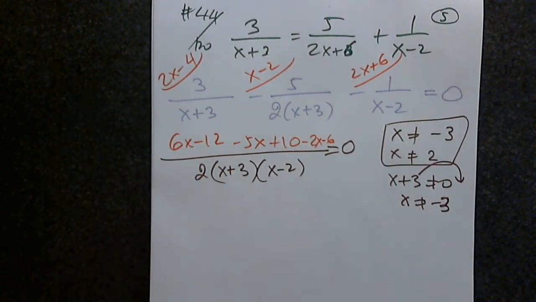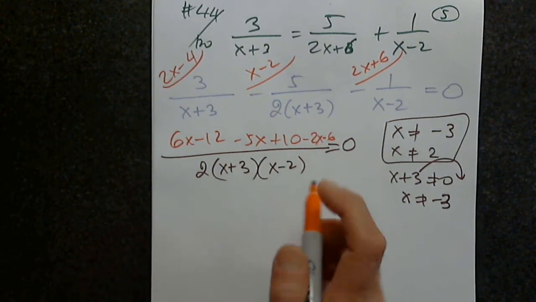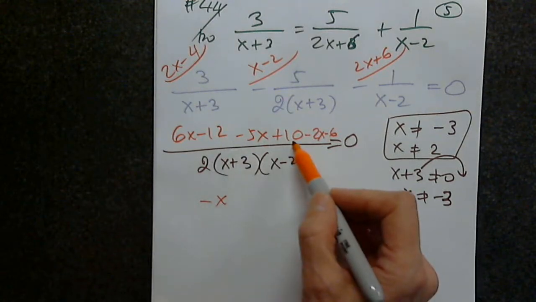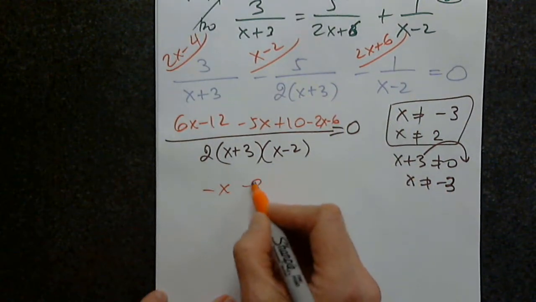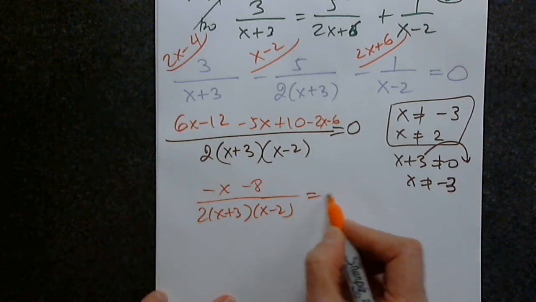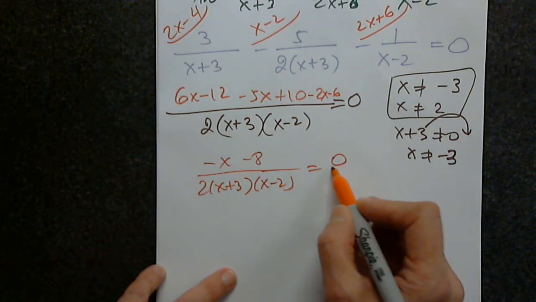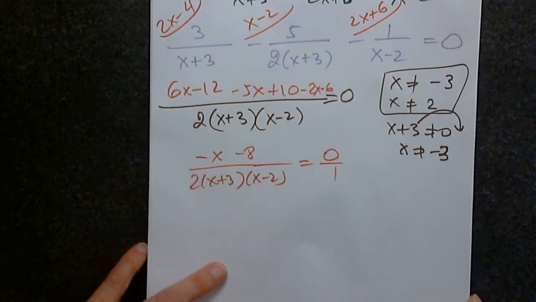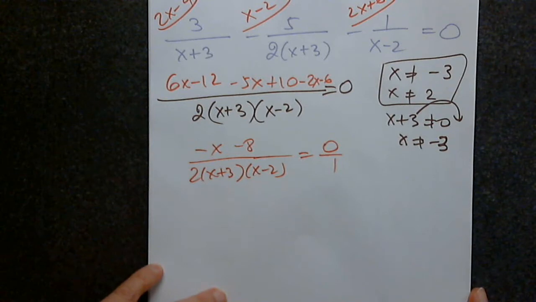Okay. So let's combine like terms. 6x minus 5x, x minus 2x. Very good. Negative 12 plus 10, negative 2 minus 6. Very good. What do I do next? 0 over 1. Awesome. If it's a fraction, you can cross multiply. It's a proportion.